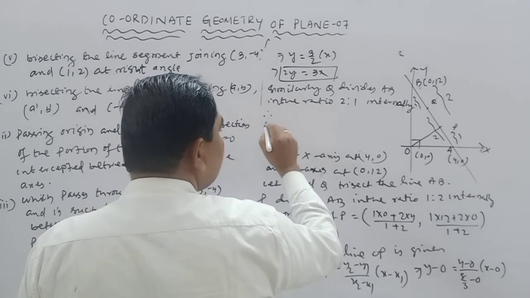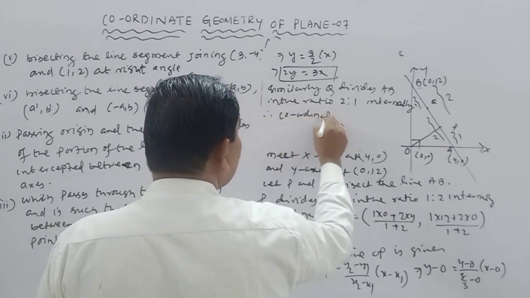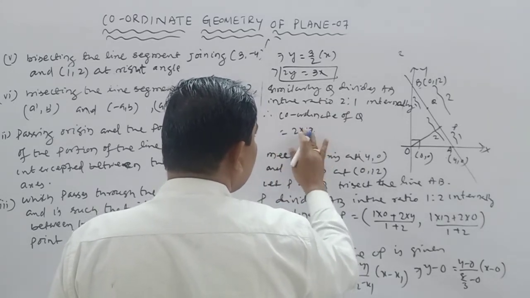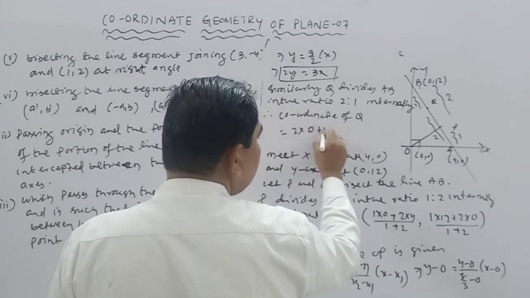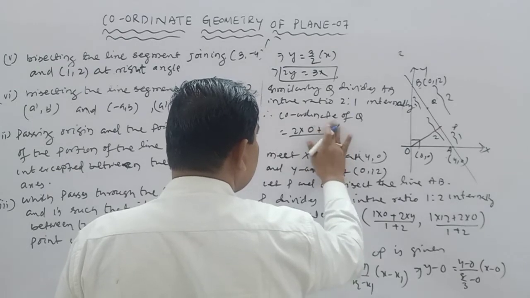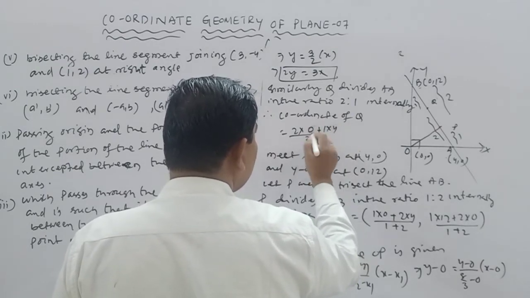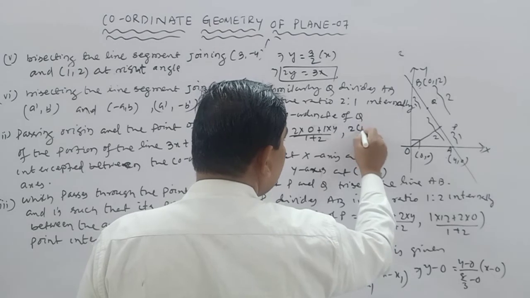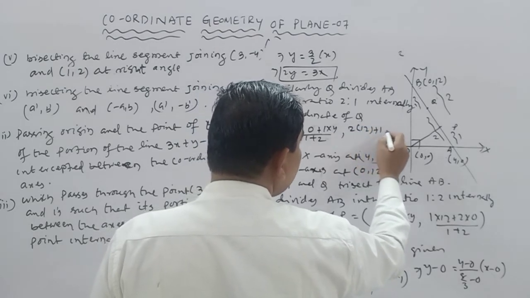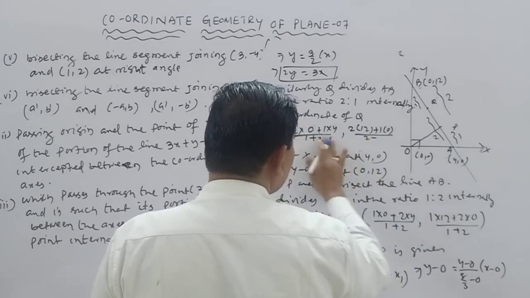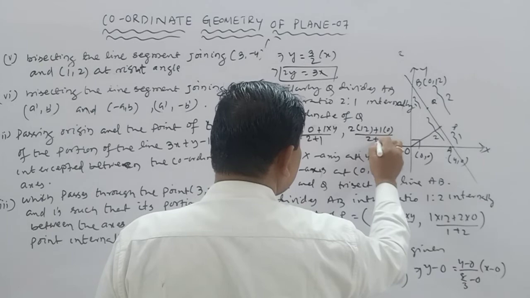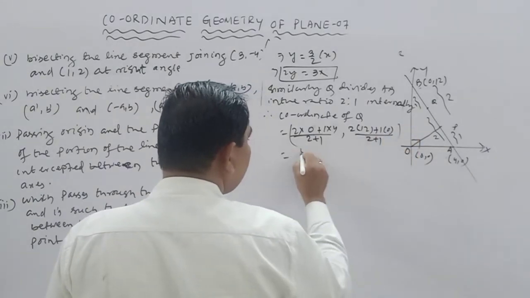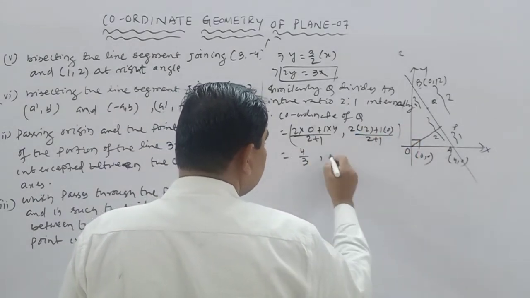Therefore, the coordinates of Q are equal to (2 into 0 plus 1 into 4 divided by 1 plus 2, comma 2 into 12 plus 1 into 0 divided by 2 plus 1), which is equal to 4 by 3, comma 24 by 3 means 8.